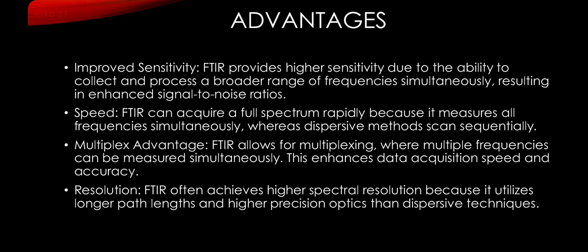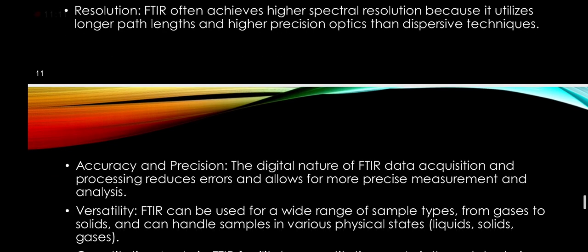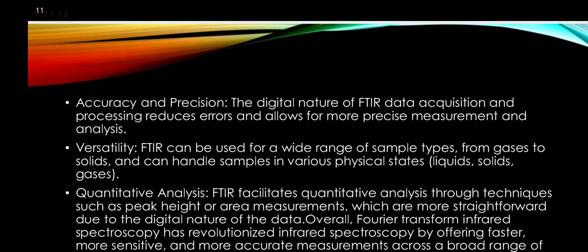FTIR often achieves higher spectral resolution because it utilizes longer path length and higher precision optics than dispersive techniques. Accuracy and precision. The digital nature of FTIR data and processing reduces errors and allows for more precise measurement and analysis.